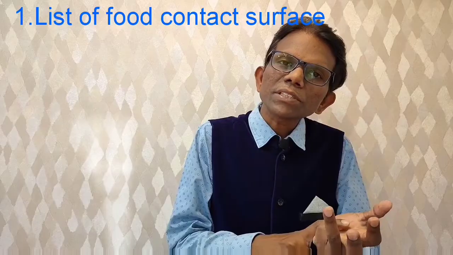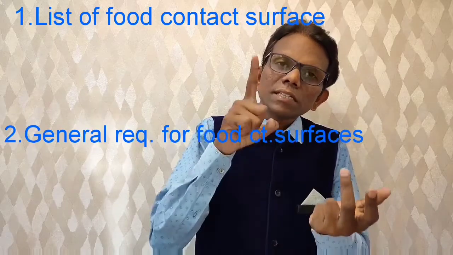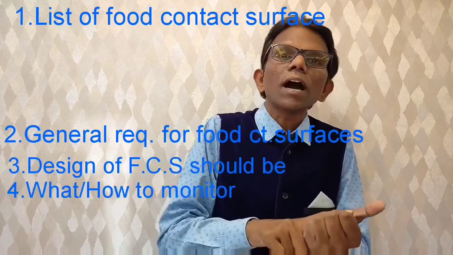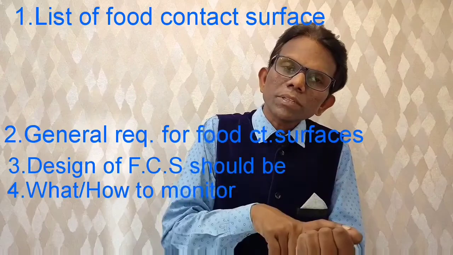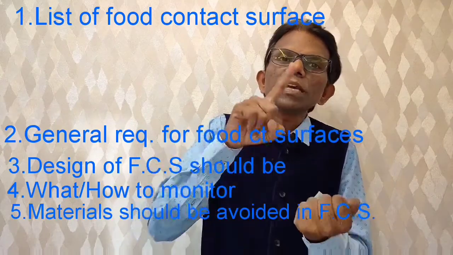There are a lot of factors to be considered before selecting food contact surfaces or food processing equipment. In this video we will discuss the list of food contact surfaces, requirements for their selection, designing of the food contact surfaces, what to monitor and how to monitor, and lastly, the things that should be avoided. Now let us start the video.